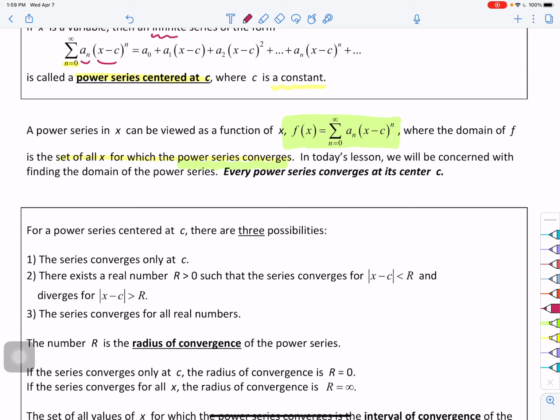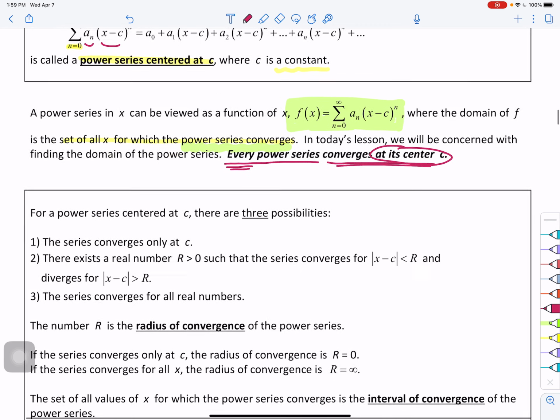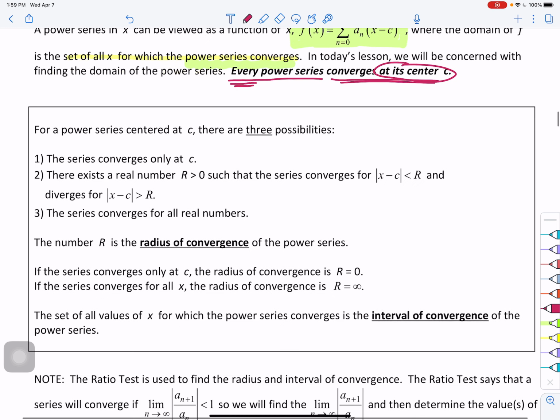Now, one important thing to note is that every power series converges at its center, okay? So it may be the only place that a power series converges, but it always converges at its center. Let's go ahead and look at these three possibilities for a power series centered at c.